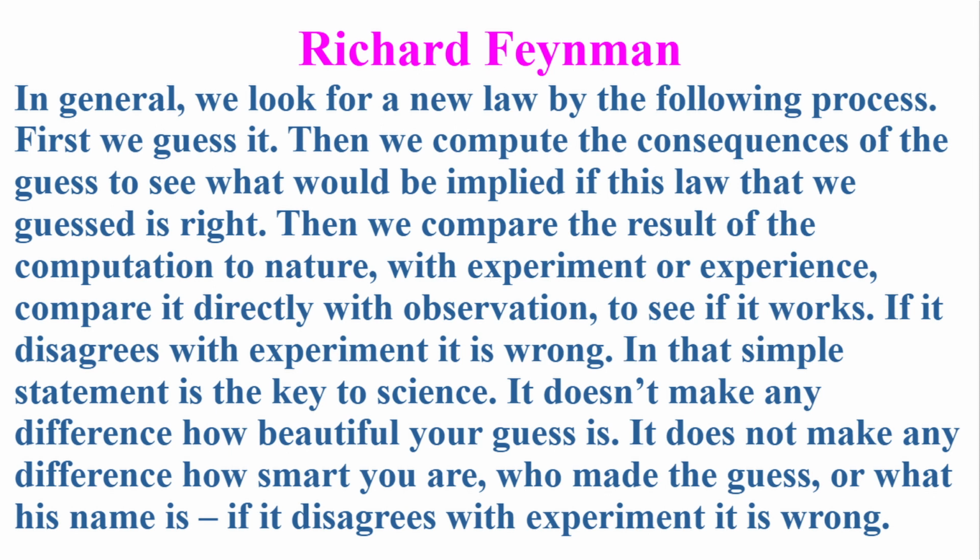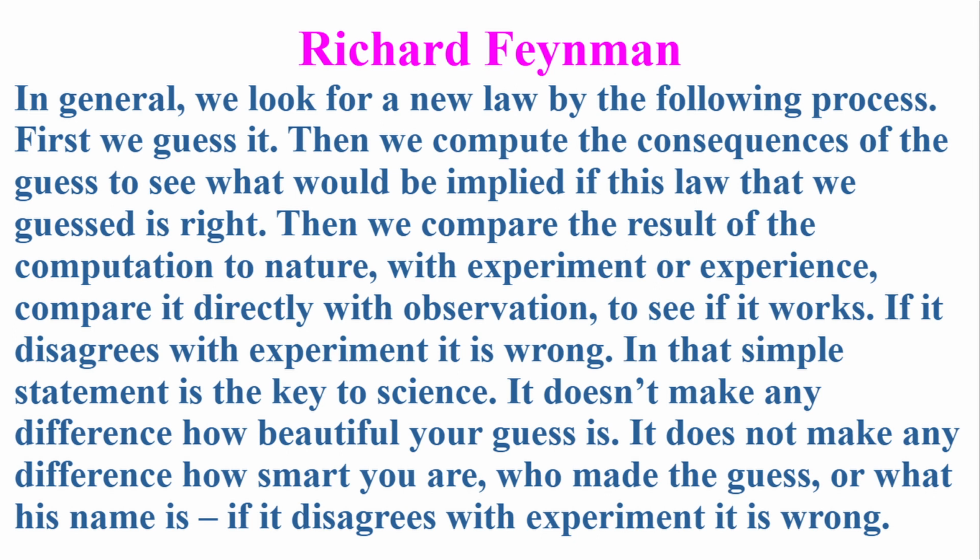Then we compare the result to nature with experiment or experience, compare it directly with observation to see if it works. If it disagrees with the experiment, it is wrong. In that simple statement is the key to science. It doesn't make any difference how beautiful your guess is.